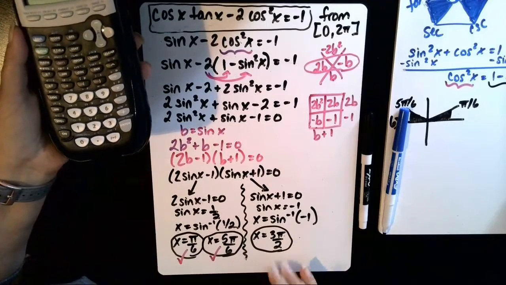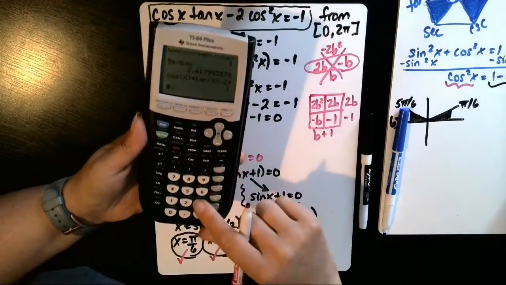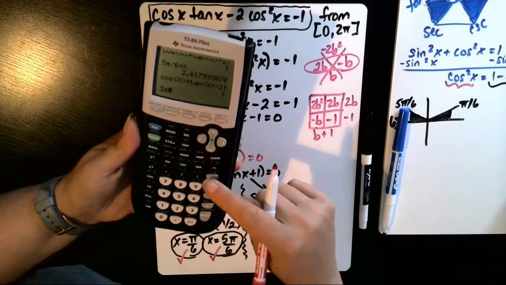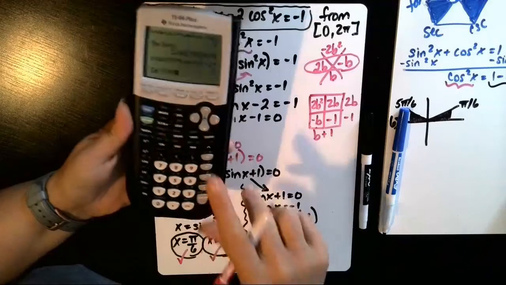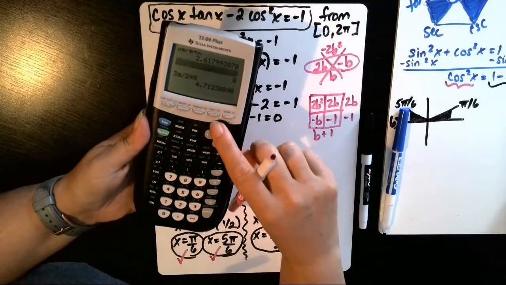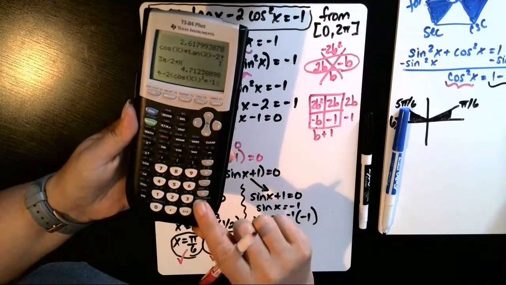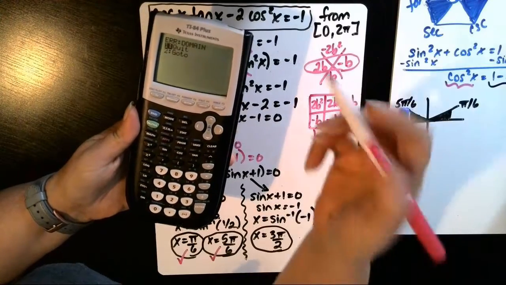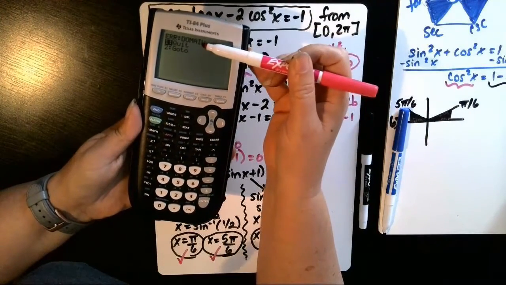Okay, now we're going to check, last but not least, the 3 pi over 2. So we'll store that as x, and then again we'll arrow back up to that equation, and then press enter, and this time we get error domain.